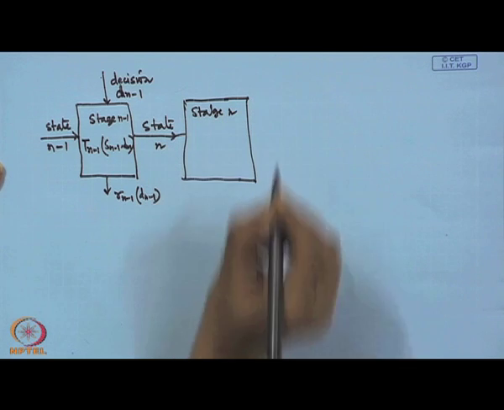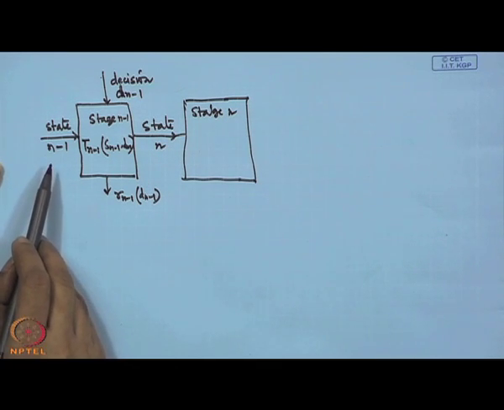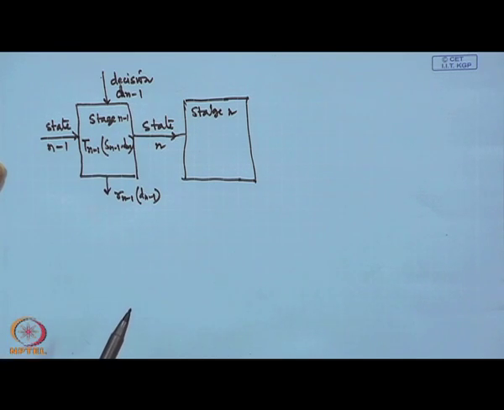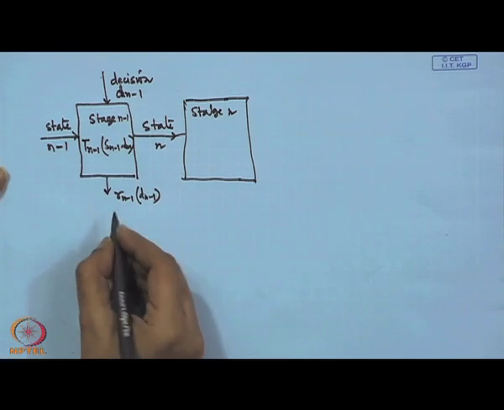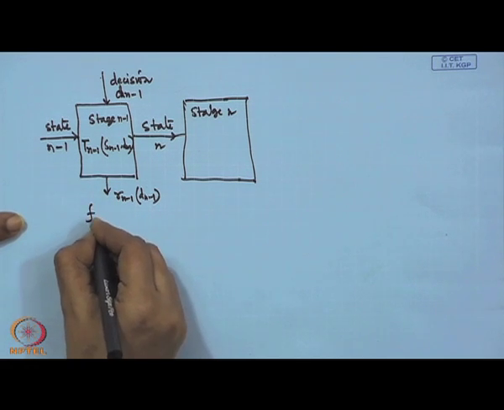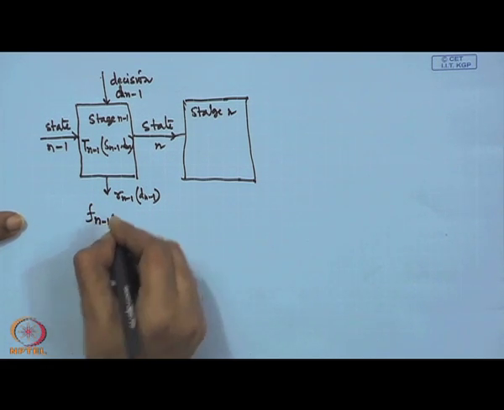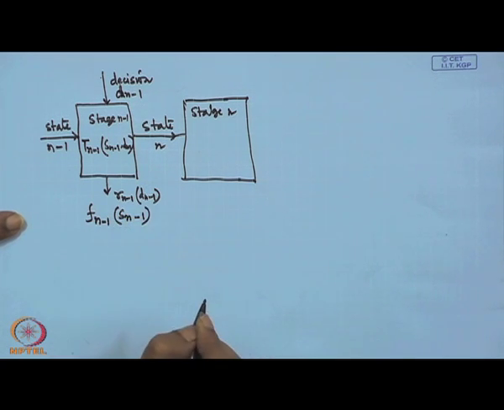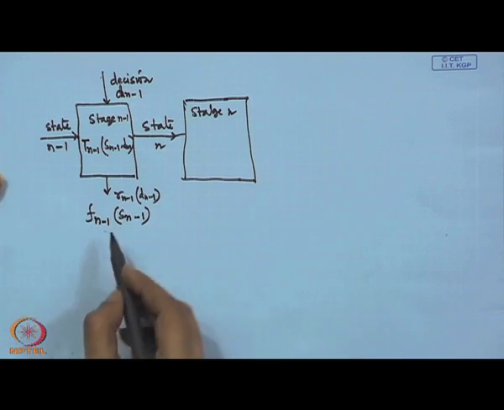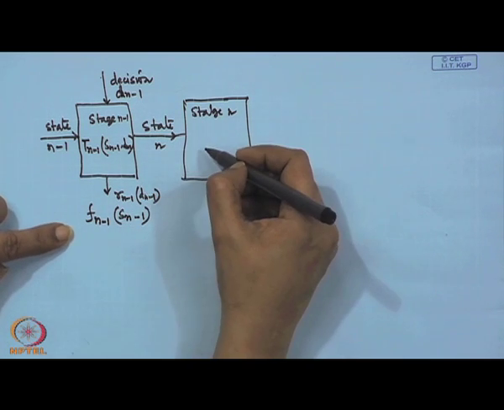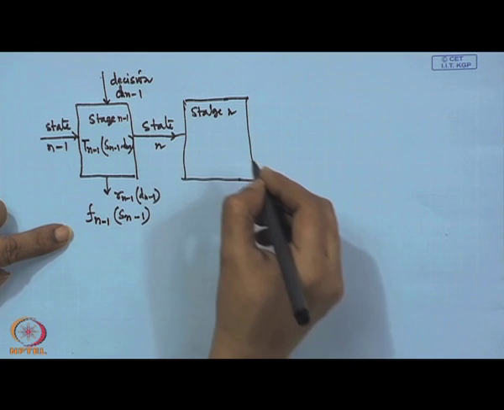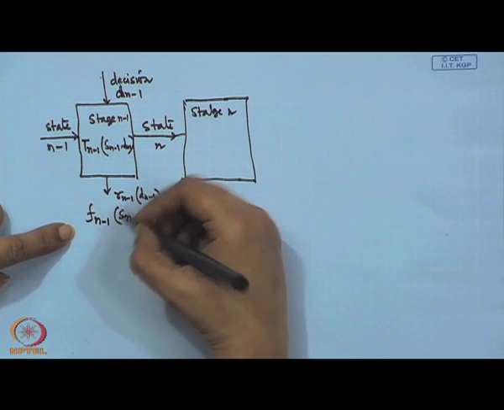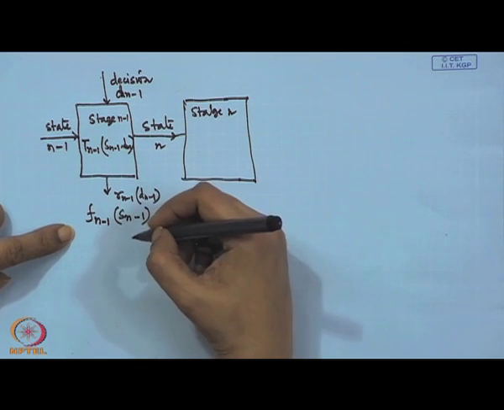Whenever we are considering stage n minus 1, this is an individual optimization problem, so we need to calculate the corresponding optimal return from this stage, f n minus 1 of s n minus 1. This value is important if I am moving to the next stage n, because it is not important for stage n how we reached this value, only this value is important.